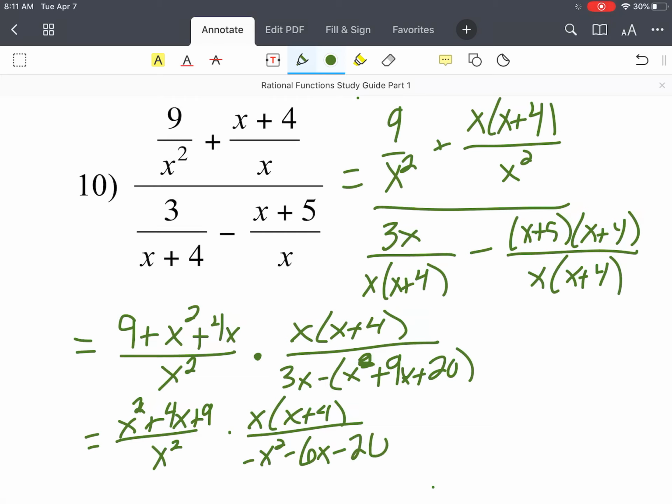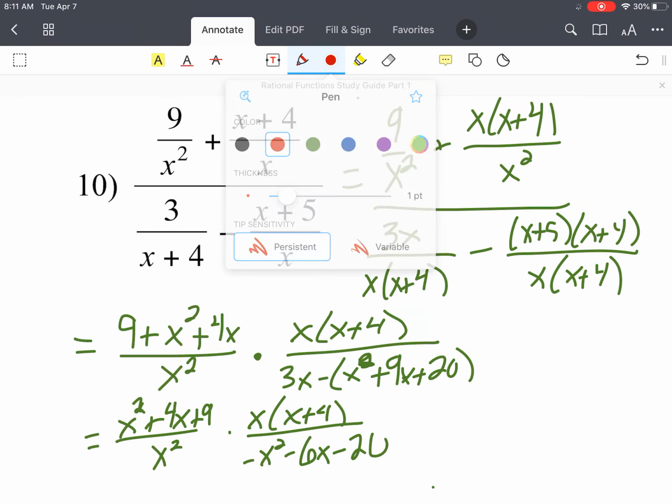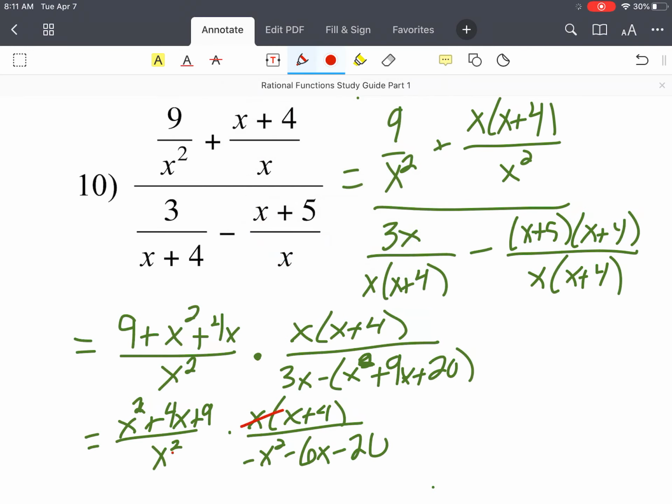Yep. Plus minus 20. Okay. So let's see. Looks like nothing here factors, but there is an x on top and bottom. So that's going to make one of those go away. But it looks like that's about all we can do.